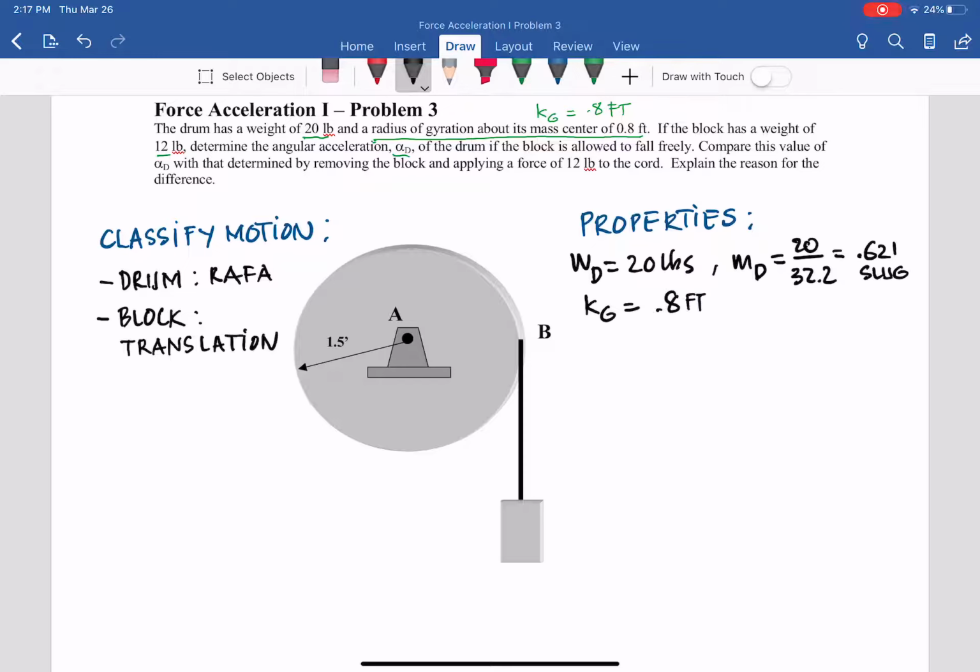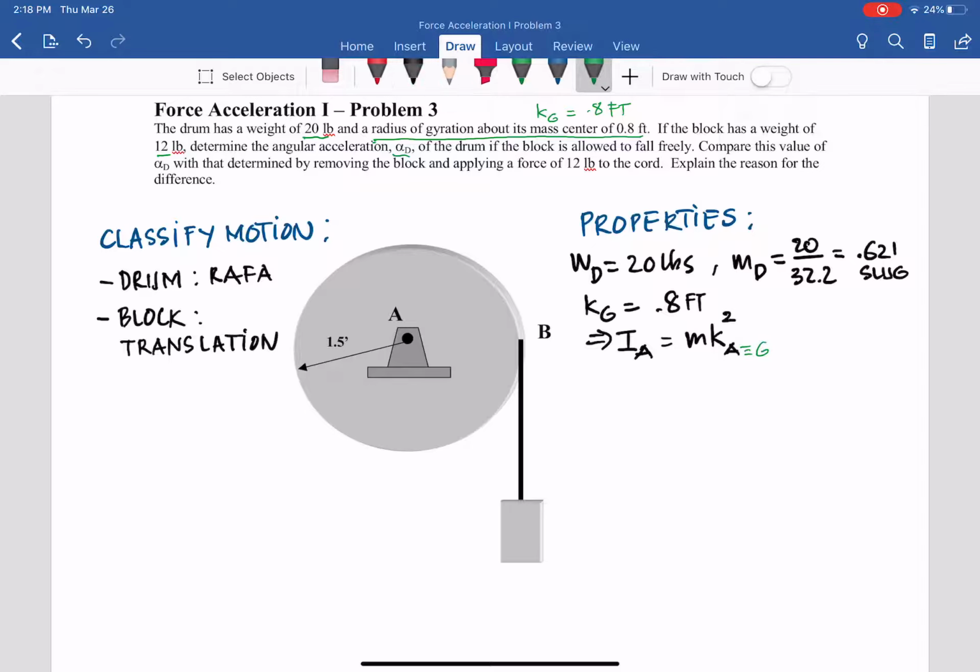What does that mean? We will have I, the mass moment of inertia about the axis perpendicular to the screen and going through the mass center, in this case A, the mass center of the drum. That equals m kG squared. A or G, the same, because that is also the center of mass.